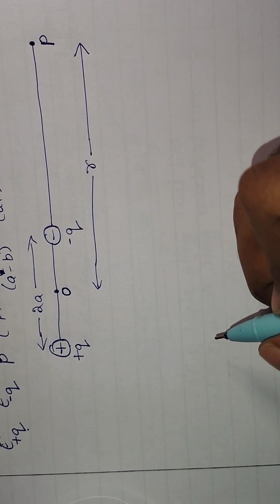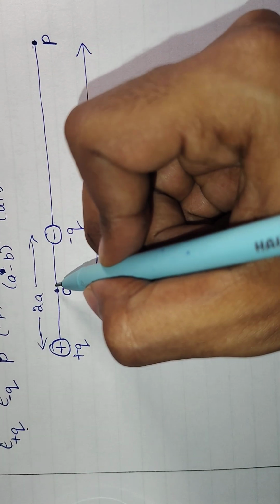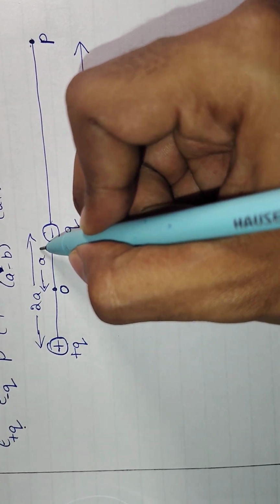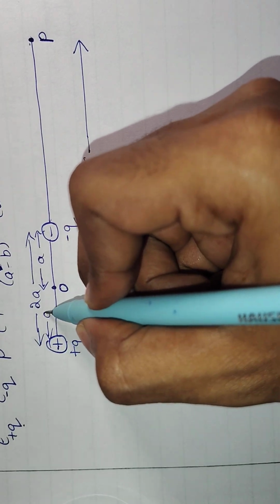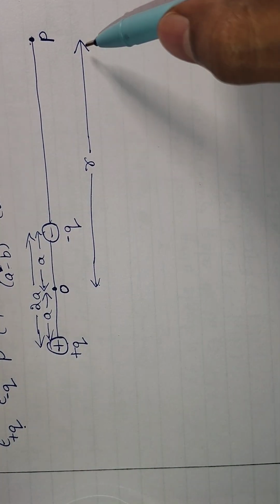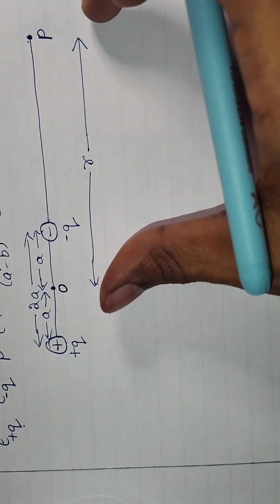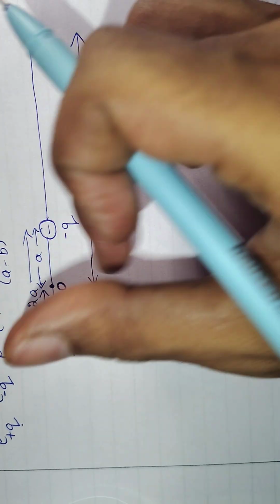Now can you tell me what is the distance between here and here? If this total length is 2a, this length is how much? a. Similarly this length is also a. Now this total length is r, you have a here, so this remaining length is this total length minus this length, right?